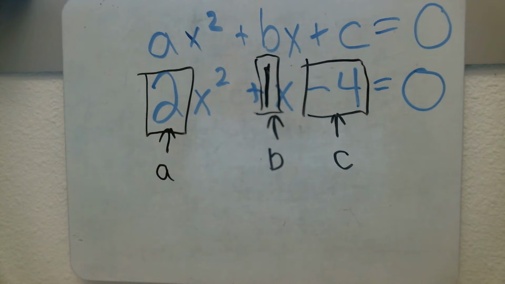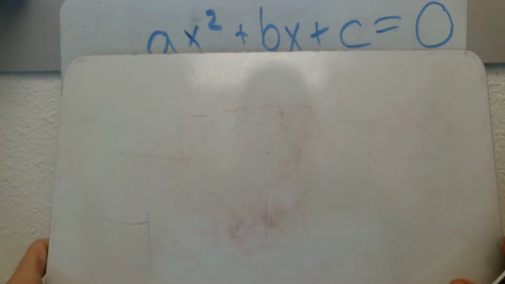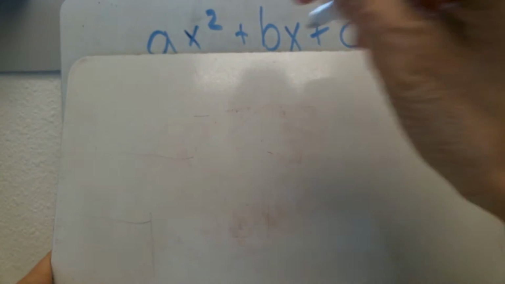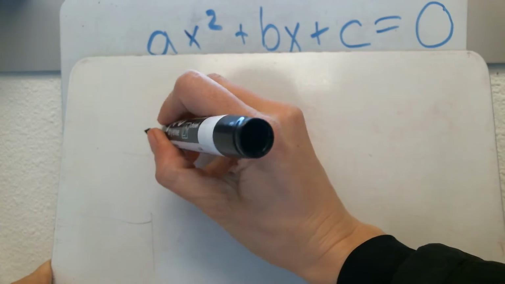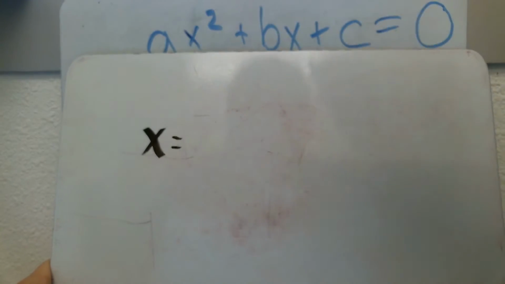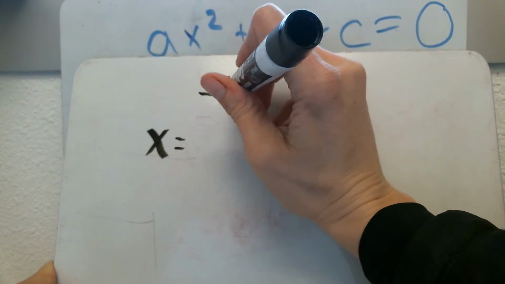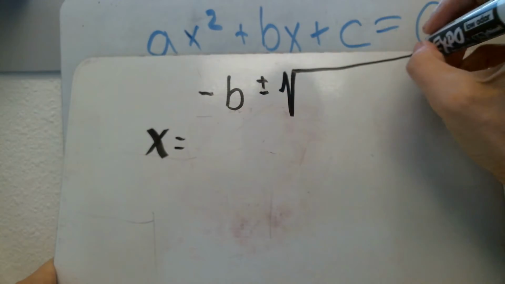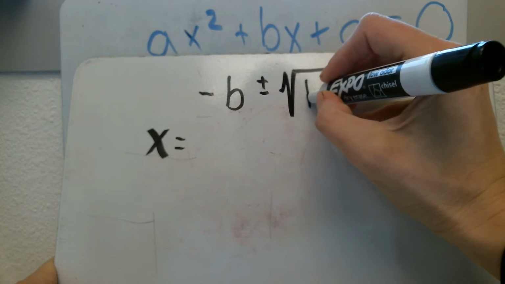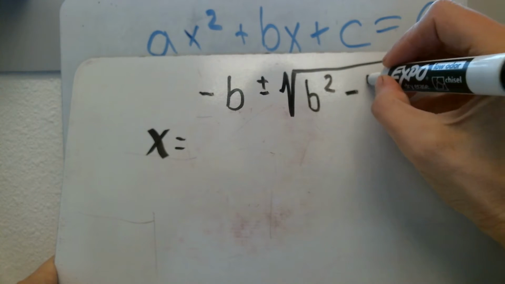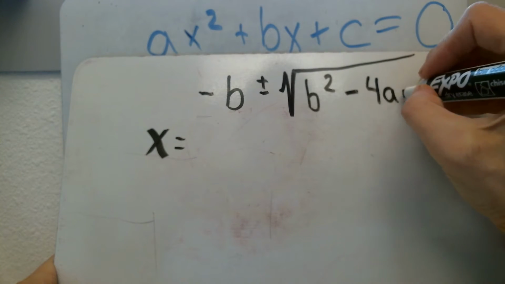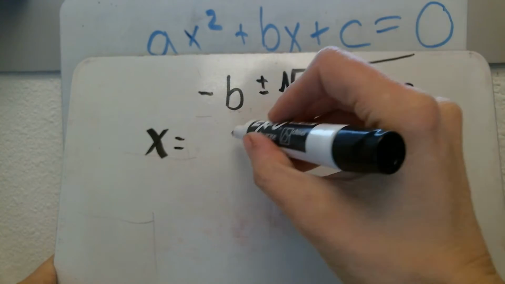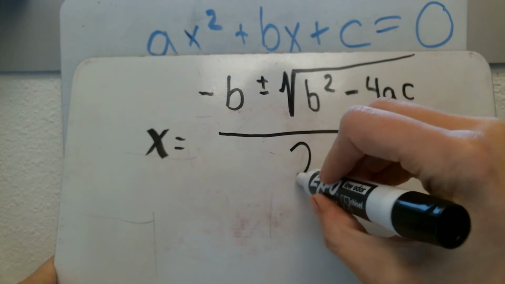The next thing we're going to be doing is placing these a, b, and c values into the quadratic formula. So I'm going to write that here for you. It is x equals the opposite of b plus or minus the square root of b squared minus 4 times a times c, all divided by 2 times a.